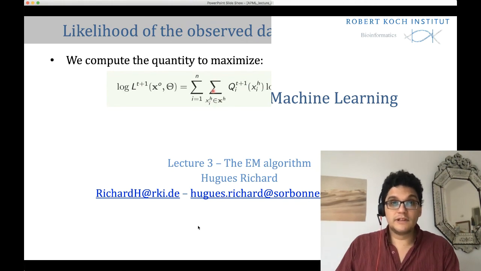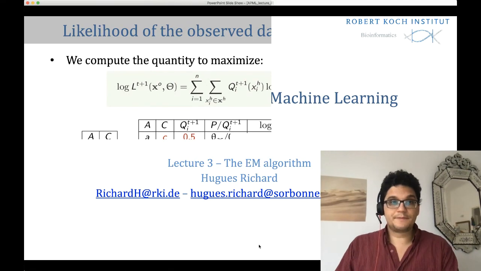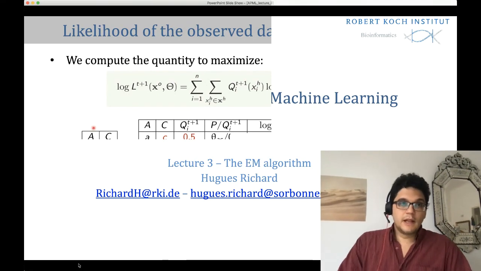the sum over all the possible hidden values that the variable could take of Qi of t plus 1 times the log likelihood of the complete observation we have in this case. So what does this mean in our case?